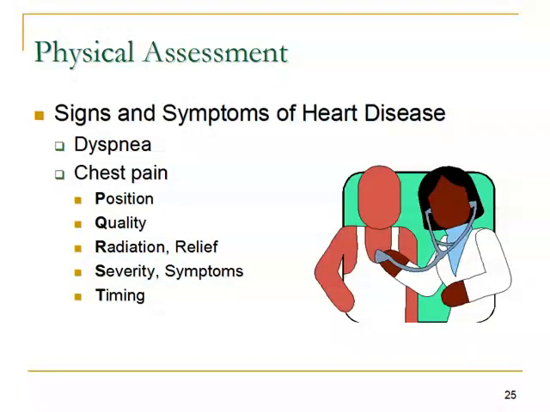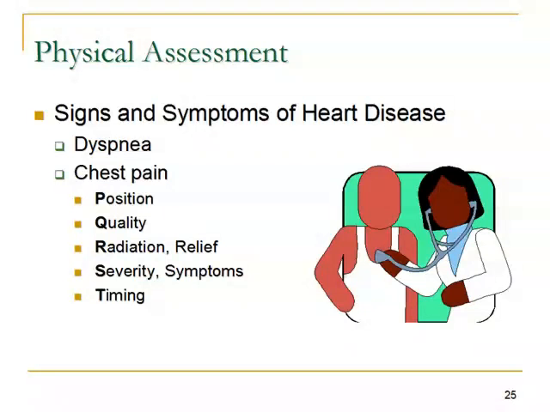Because if they're truly having that much pain, it's causing cardiac damage. And remember, that's one of our goals, to try and keep that patient from developing further necrotic areas within the heart. So we would want to give them some quick relief. And typically the things that we do with that, nitroglycerin and morphine, are probably two of our hallmark meds that we give for patients where we're thinking they're experiencing an MI.